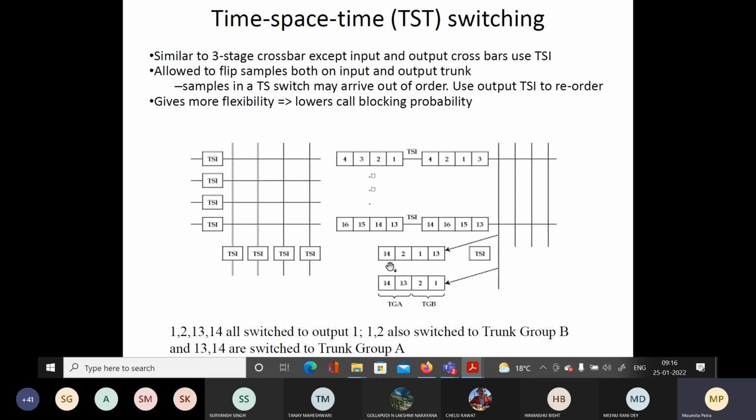What were intended, 1, 2 and 13, 14, these were supposed to reach output port 1. These are basically destined for two different trunk groups.